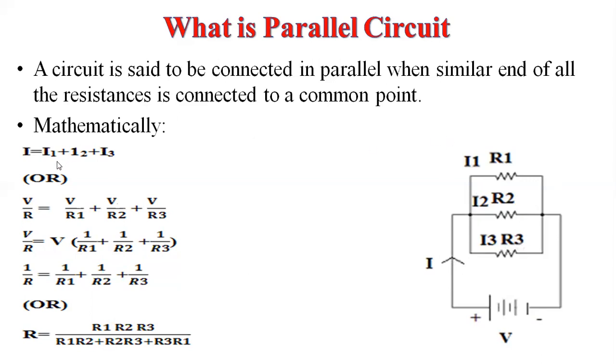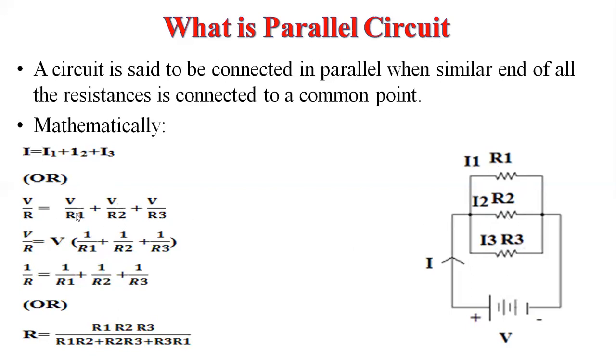Similarly, the current I1 is equal to V upon R1, as V is the voltage across resistance R1. Similarly, current I2 is equal to V upon R2, where V is the voltage across resistance R2, and similarly current I3 is equal to V upon R3.